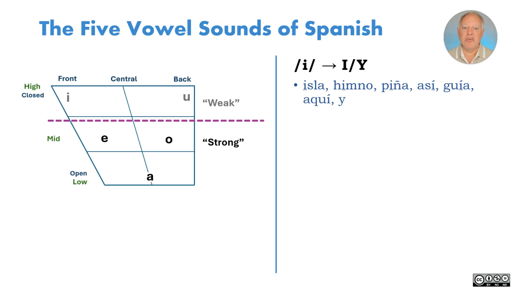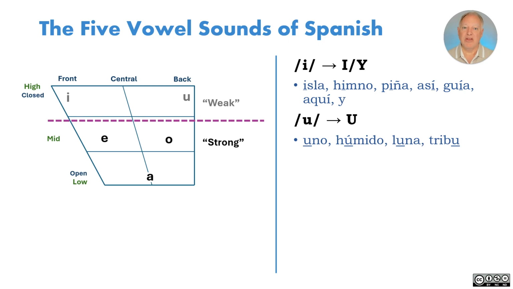So we have words like isla, himno, piña, así, guía, note the silent U, aquí, another silent U. So again, this sound in Spanish is E, a closed high front vowel. Front refers to where in the mouth the sound is produced.